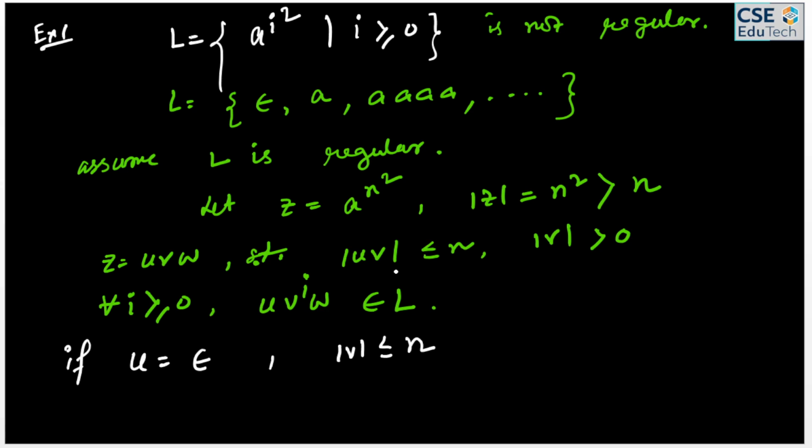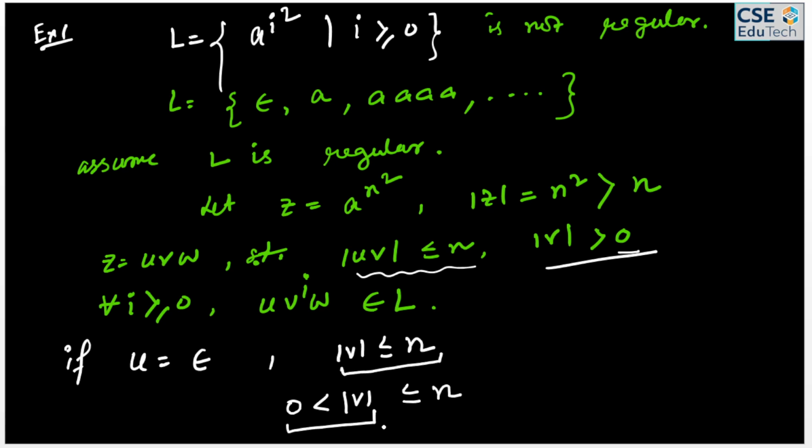From this we can say the length of v is less than or equal to n. And because the condition is that the length of v is greater than 0, we write 0 less than length of v, which is less than or equal to n.